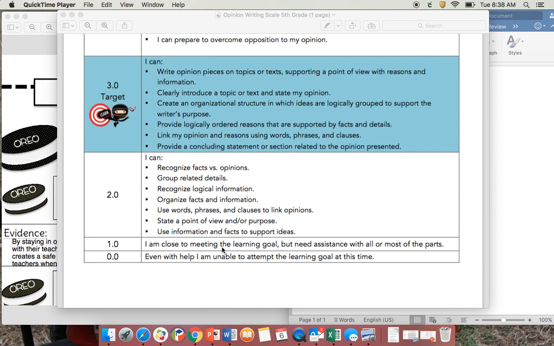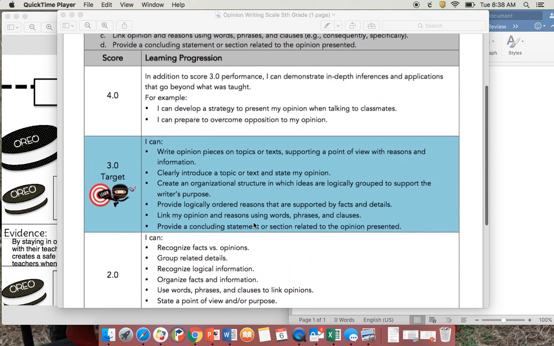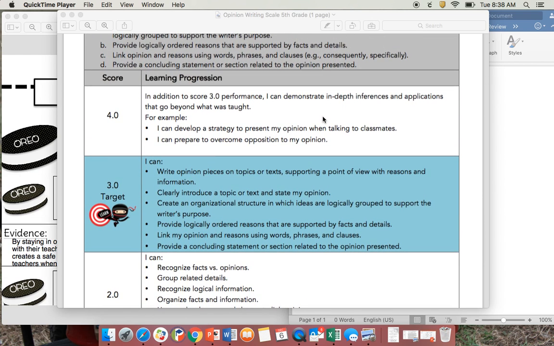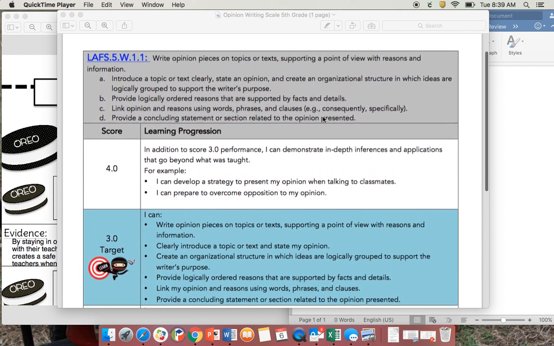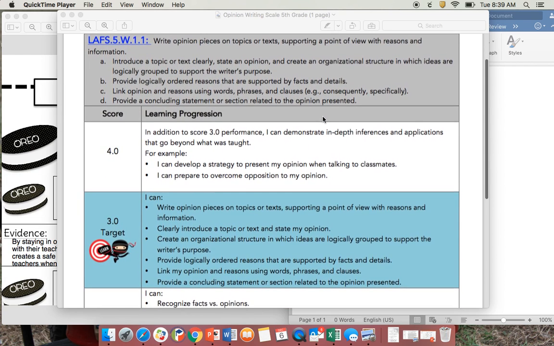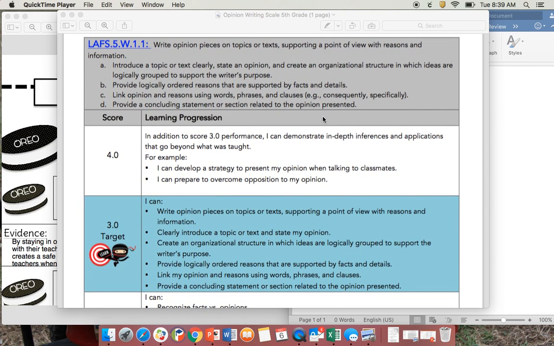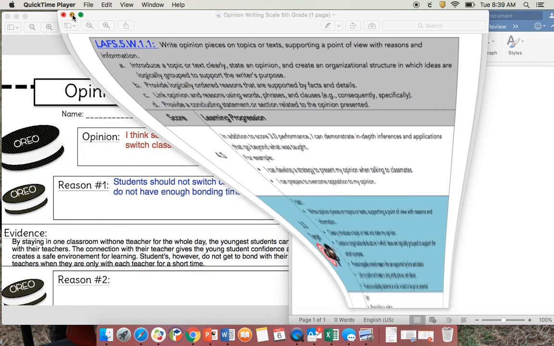We have to go from a 0 to a 1 to a 2 to a 3 as we slowly learn about opinion writing, and some of us may even get to a 4. So this is your scale. Take a look at it before and after you write your opinion piece to make sure that you're on the right track and have some of the requirements you need to meet this learning goal as we learn about opinion writing throughout our unit.